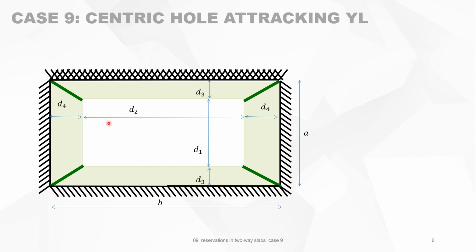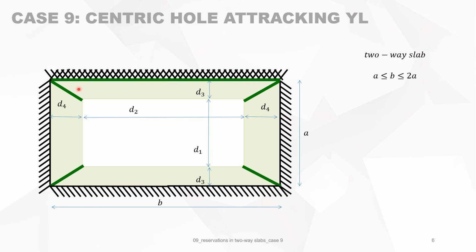Then we draw the yield lines, which are of course from the corner of the reservation to the corner of the slab. This is the most realistic yield line. If this is overloaded, that is where the cracks appear. And of course, where the slab is fixed, there is also a yield line.